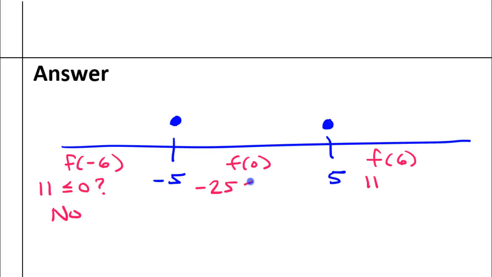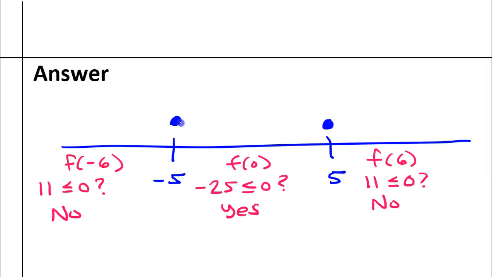Is -25 less than or equal to 0? Yes, it is. All negative numbers are less than 0. And we've already answered this question. Is 11 less than or equal to 0? No, it is not.